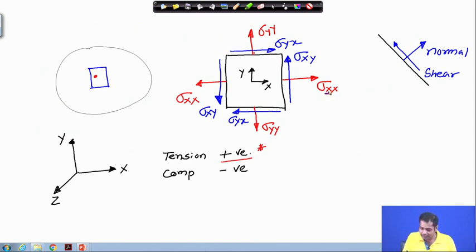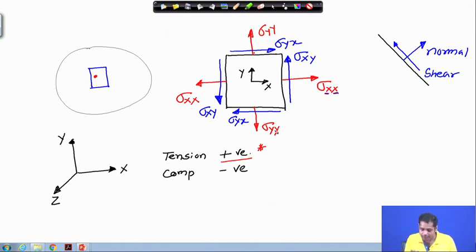This means it is acting on a plane normal to x direction. The second x says that on that plane the direction of the stress is x. That is why this is sigma xx.